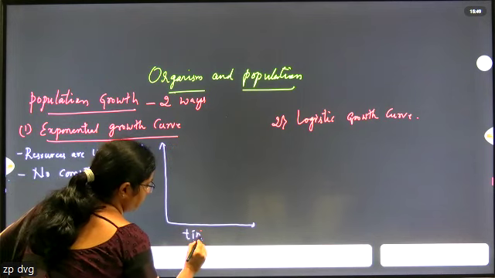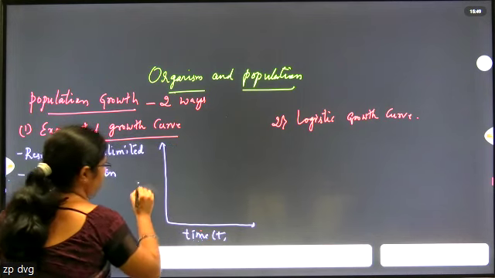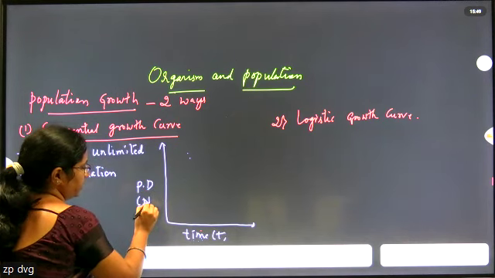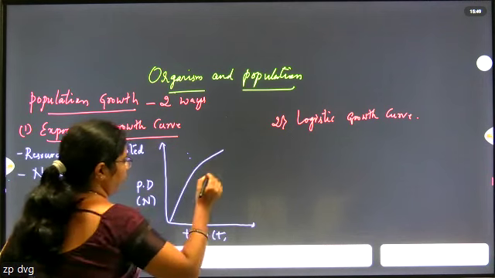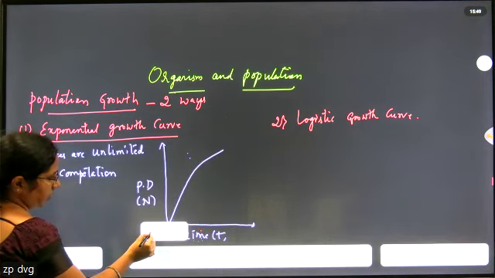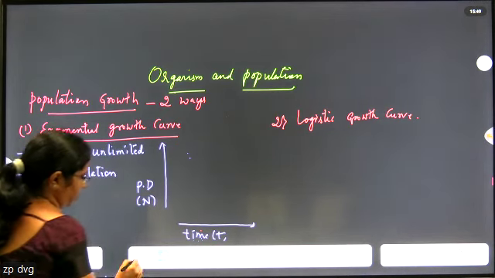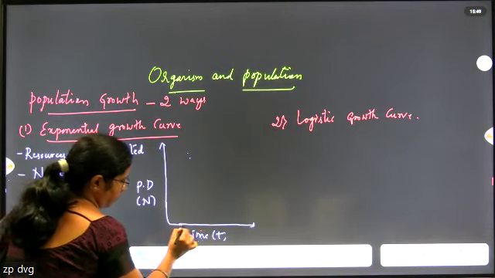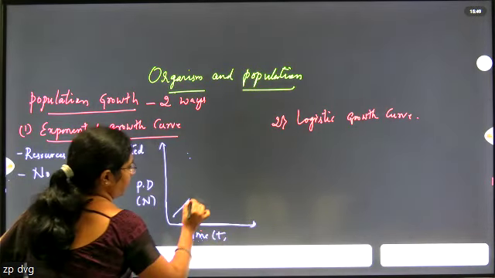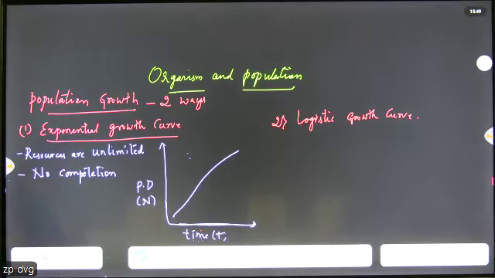As time increases, the population density also increases like this. Because there are no limitations of resources and no competition, as a result the growth rate is always going to increase.